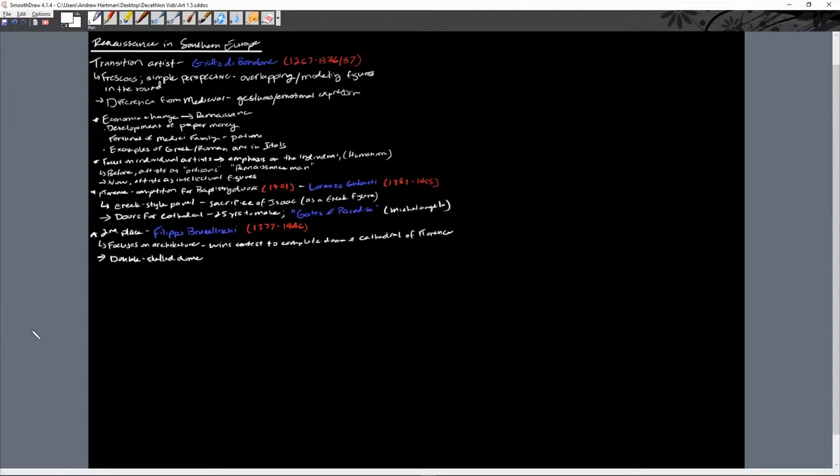Okay, but the crucial thing that Brunelleschi did that really brings painting in particular, Renaissance painting, creates this whole new style known as linear perspective, which they also point out is called single vanishing point perspective.